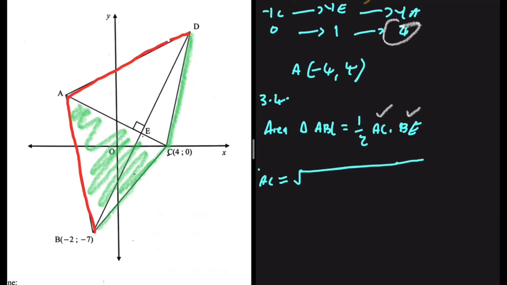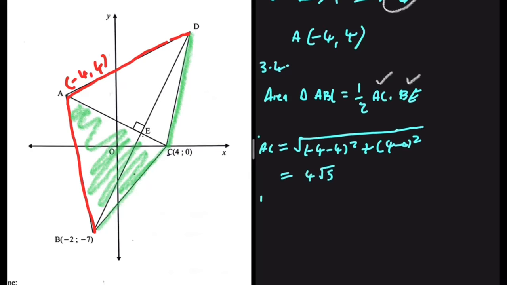Let's take our point A as our second point. Let's not forget, here we have coordinates minus 4 and 4. So x2 will be minus 4 and x1 will be 4. So we're going to have minus 4 squared plus y2. y2 is going to be 4 and y1 is 0. AC is equals to 4 square root of 5.